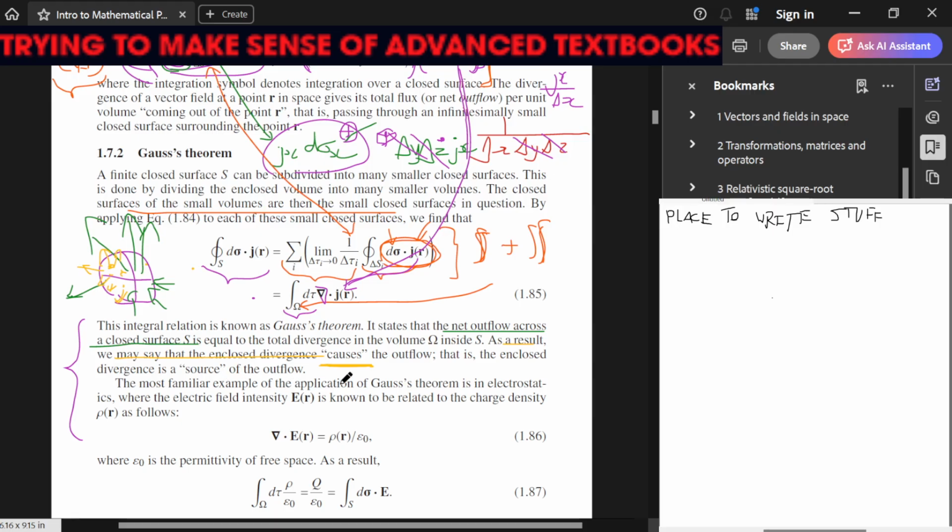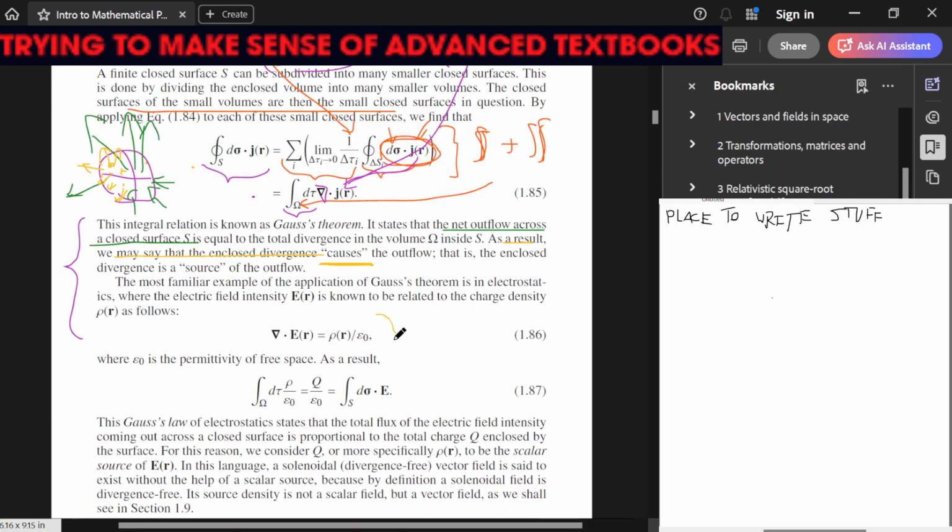The most familiar example of the application of Gauss's theorem is in electrostatics, where the electric field is known to be related to charge density from this.